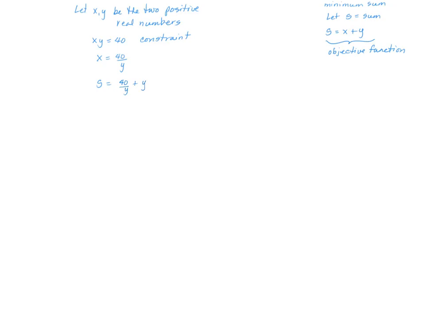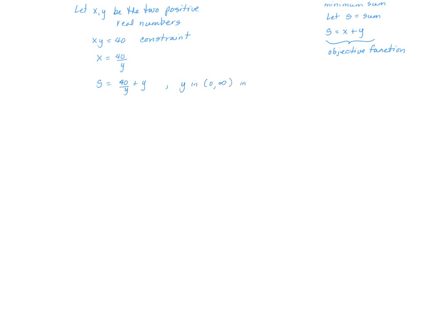Now that I have my objective function written in terms of one variable, I need to identify the interval of interest. So that's just all the y values that we can use. So since y is supposed to be a positive real number, my y values have to be in the interval from 0 to infinity.